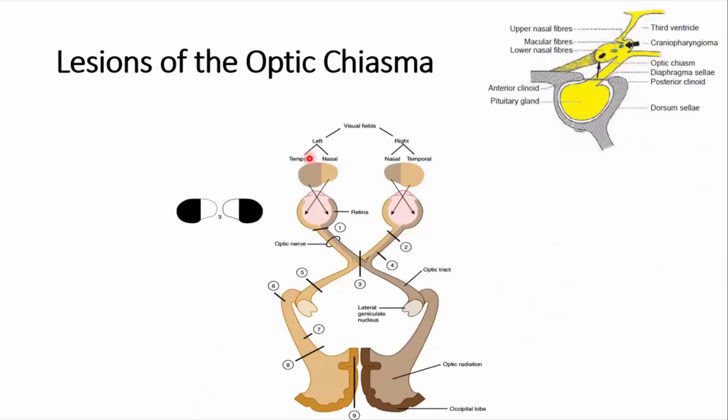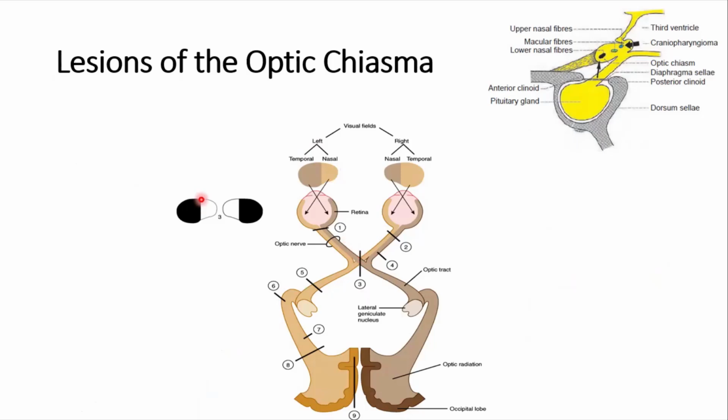Posterior optic nerve lesion. Now let us go to the chiasmal lesion. Now in the chiasma, what are the fibers that are crossing? It is the nasal fibers that are going to cross at the level of the chiasma. The nasal fibers from the right eye and the nasal fibers from the left eye, which correspond to the temporal visual fields. In addition, there are also the macular fibers which are crossing.